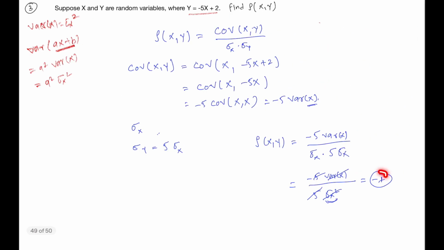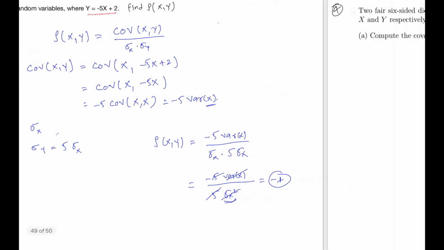So that is why we have got the correlation coefficient equal to minus 1. So in this question you do not even need to pick up the pen, you can directly answer this kind of question. If you find a linear relationship between x and y, just look at the slope. The correlation coefficient could be plus 1 or minus 1 depending upon the slope of the line. Let's look at more problems based on the correlation coefficient and covariance.